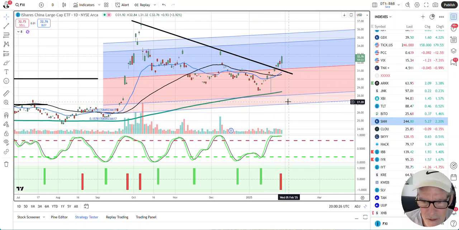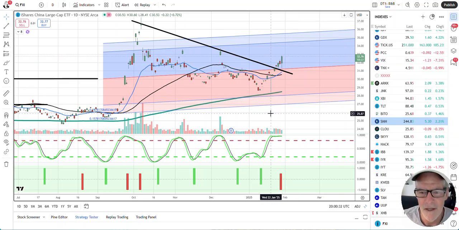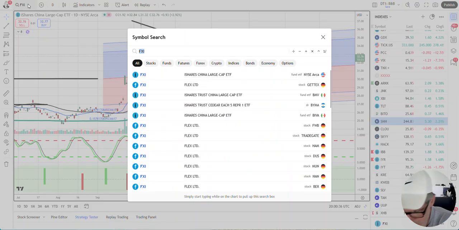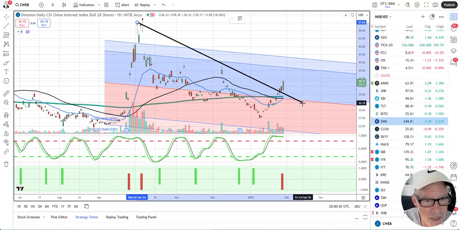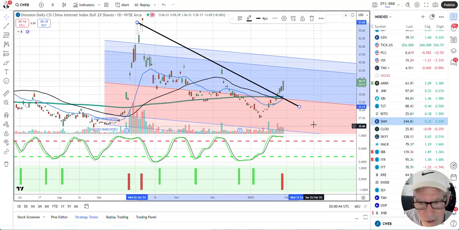Someone asked me in the options room whether I thought China was still tradable, and I said yes, absolutely. We are in CWEB, which is a leveraged internet fund for Chinese stocks. I'm not sure that was any better than YINN, which is a little bit more broadly diversified.